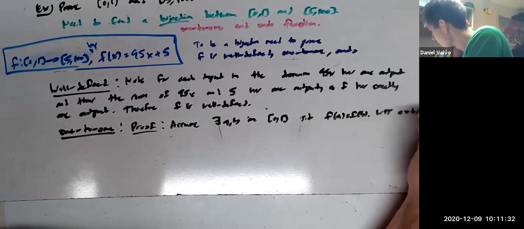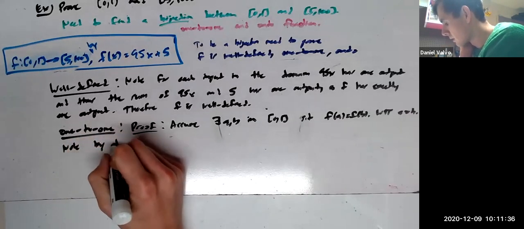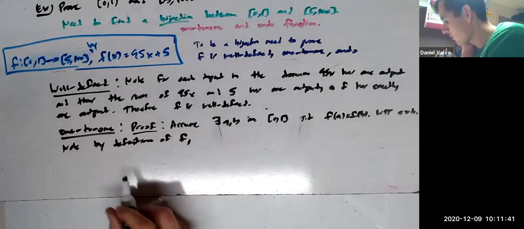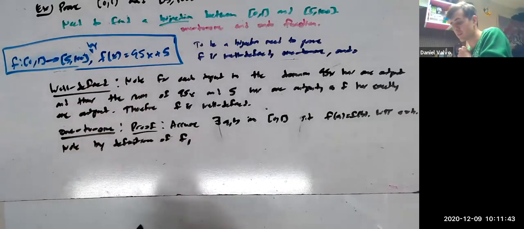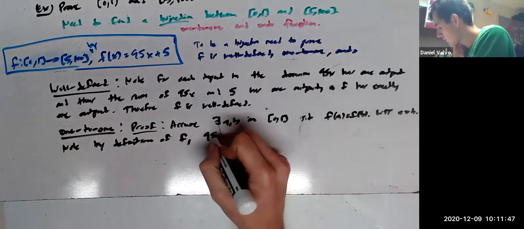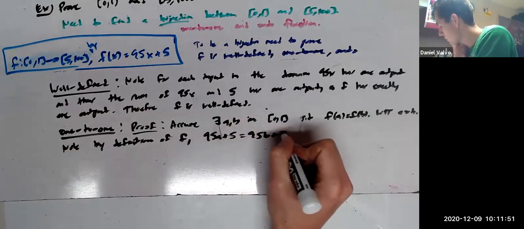We want to show a equals b. Note, by definition, f of x equals 95x plus 5. Since we have f of a equals f of b, we get 95a plus 5 equals 95b plus 5.